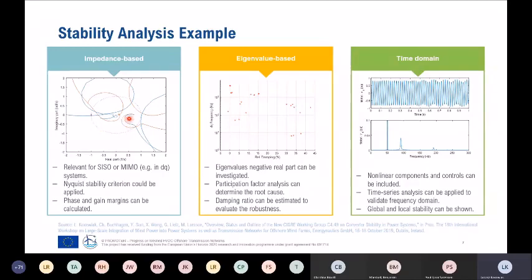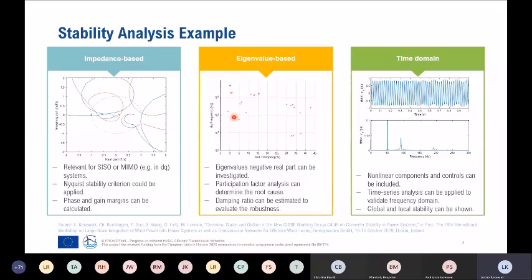However, if there are some challenges with instability, then more detailed eigenvalue-based analysis should be investigated to check whether there are, in this particular case, eigenvalues with negative damping.